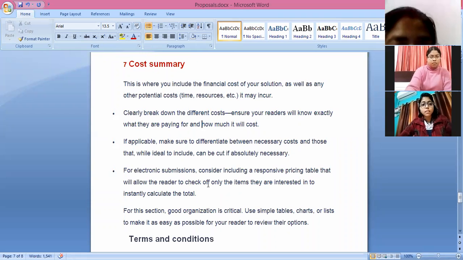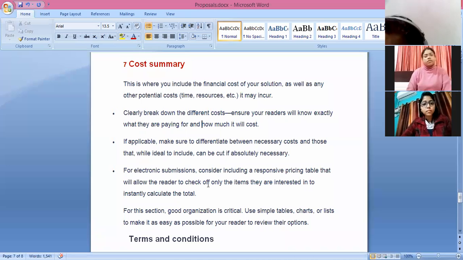Clearly break down. This is where you include the financial cost of your solution as well as any other potential costs. So will you give cars, or buses? For how many hours? Monday to Saturday? Monday to Friday? How many hours?